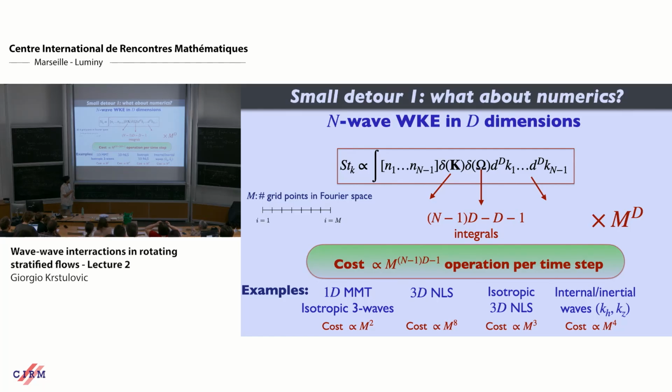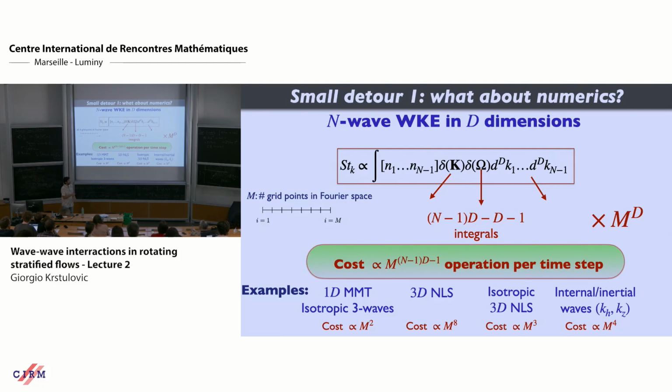Okay, just an example. If you look at, for instance, the 1D MMT model, which is roughly Giovanni's toy model, if you put m points in your spectrum to discretize, this will cost you m squared, which is totally fine to do numerically. Let's say you do 3D NLS really stupidly, you take kx, ky, kz, three-dimensional, it has a cost of m to the 8, which is impossible to do in any computer simulation.